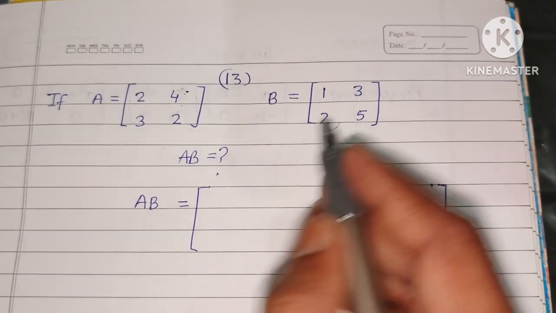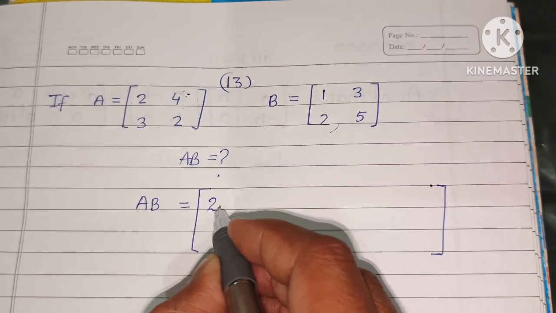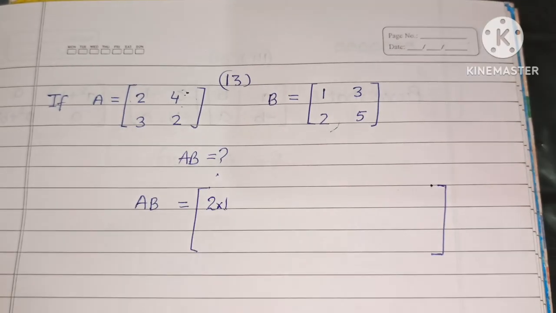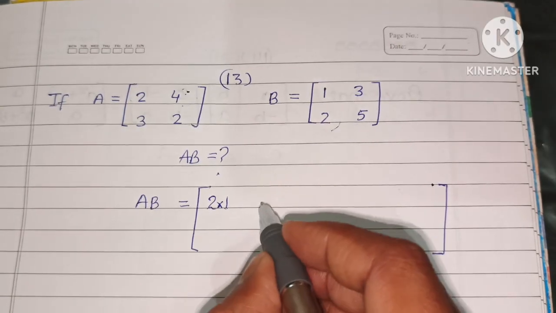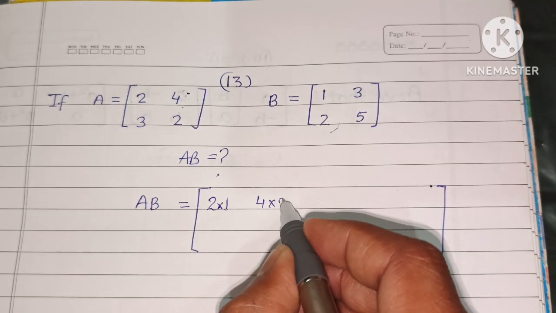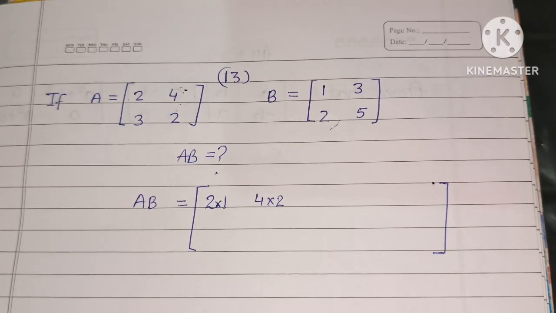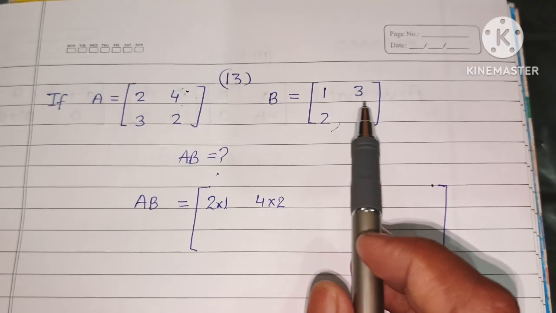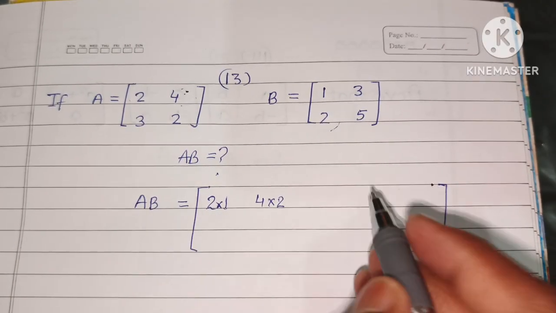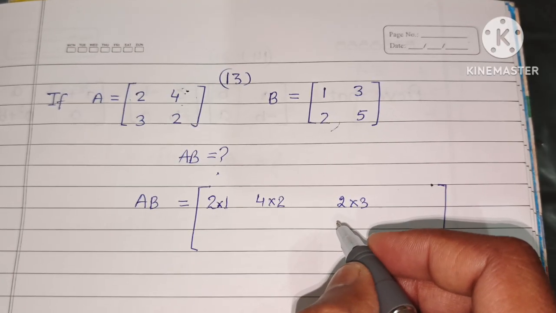So we can write this like 2 into 1, and 4 is multiplied by 2, so that is 4 into 2. Now once again this is also multiplied by this, so 2 into 3.